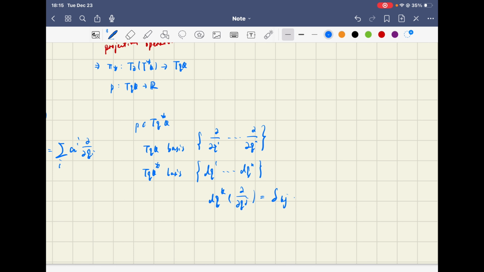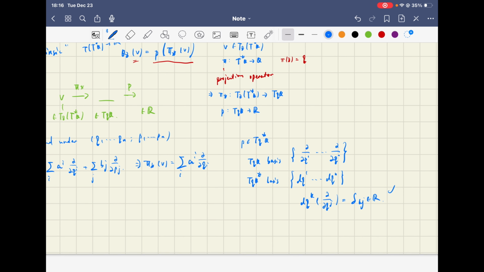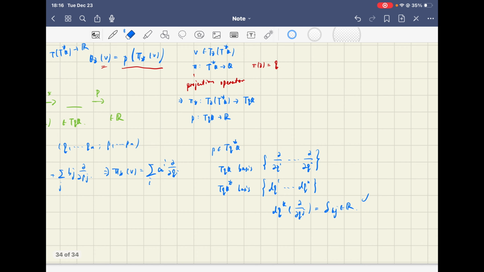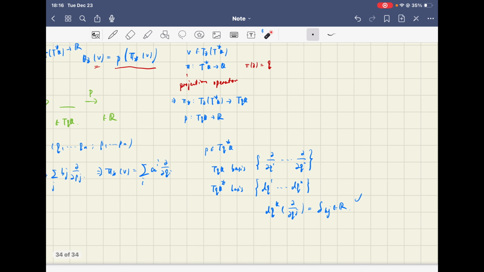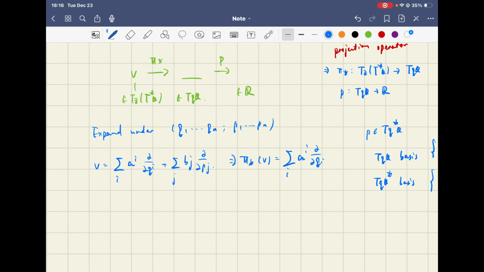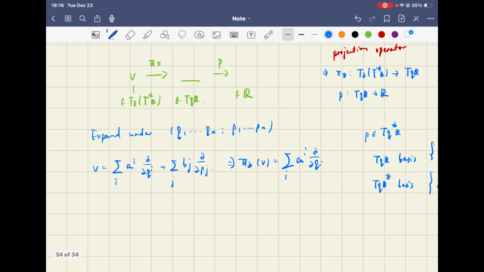So this is a real number, and that satisfies the requirement. So the basis for the dual space of TQQ is this set of bases. Okay, and then we sub this back in, and so p will be expanded as another index k, pk dqk.